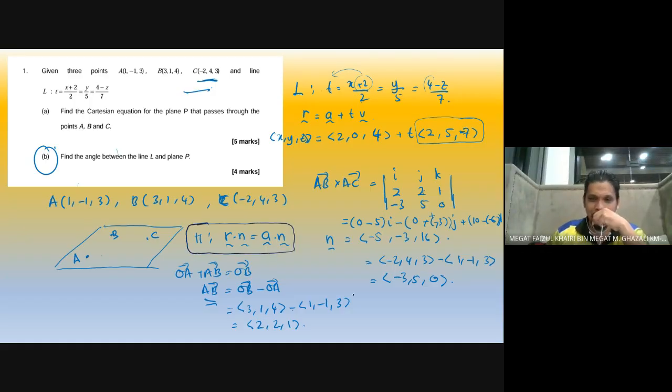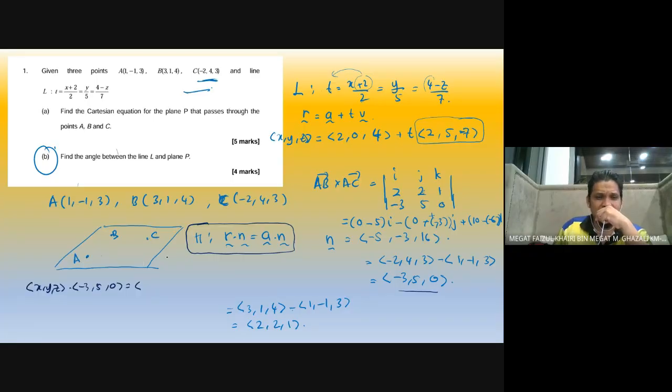So x, y, z dot n. What is n then? We got n, negative 3, 5, 0, equal to a. Okay, you may choose any coordinate with the a, b, or c, either one you choose. You choose for yourself which coordinate that you want to complete this equation.